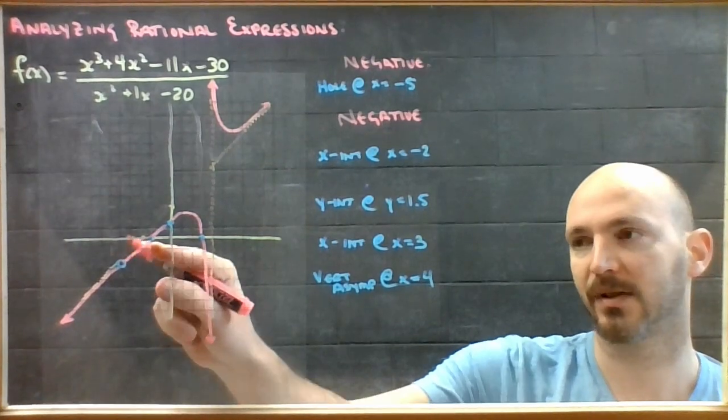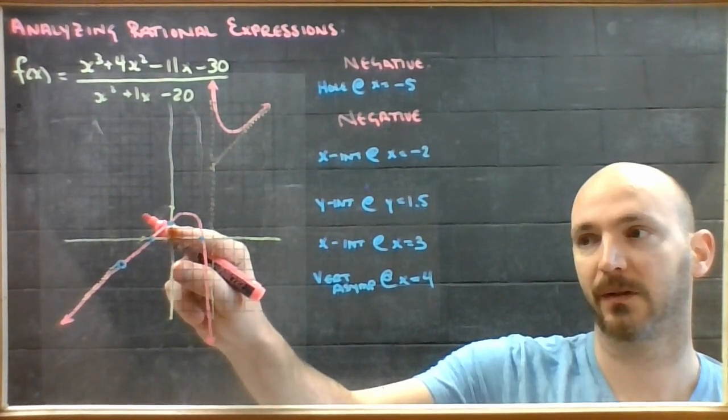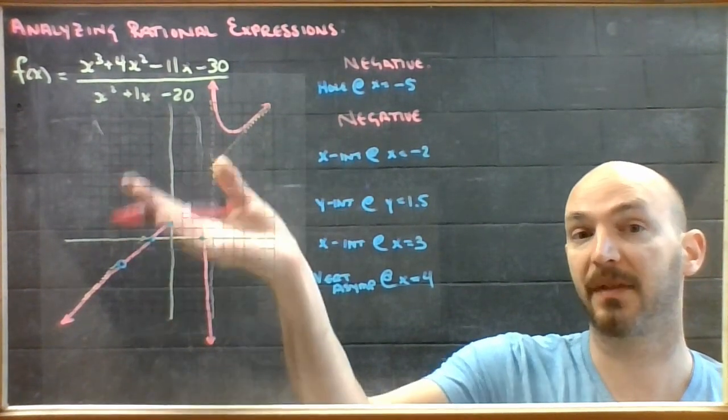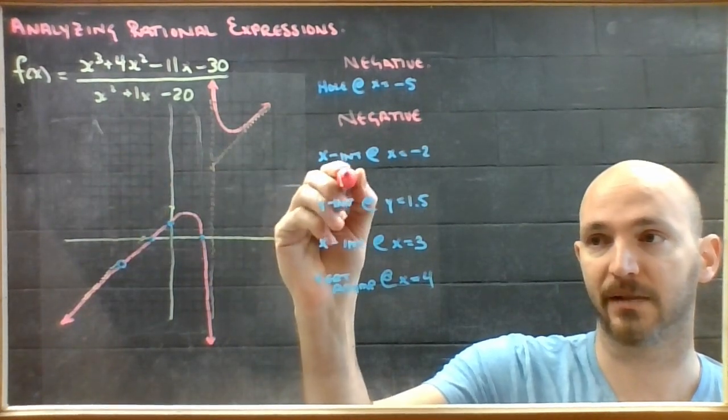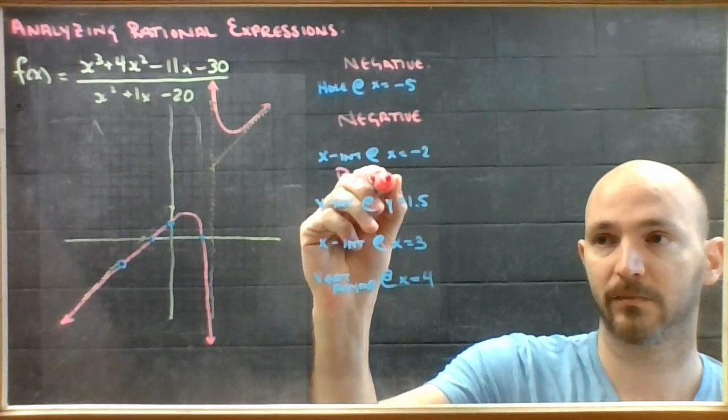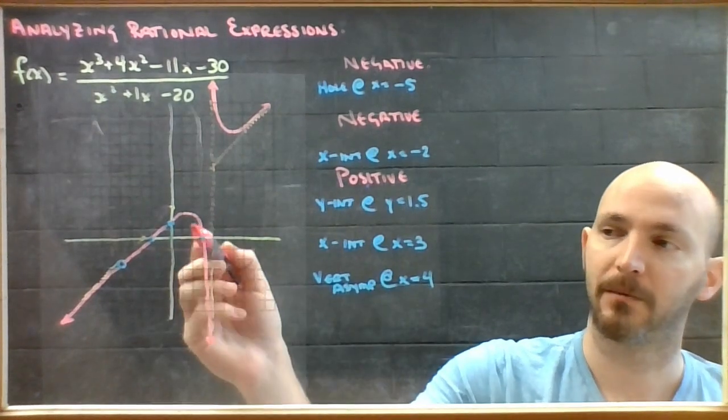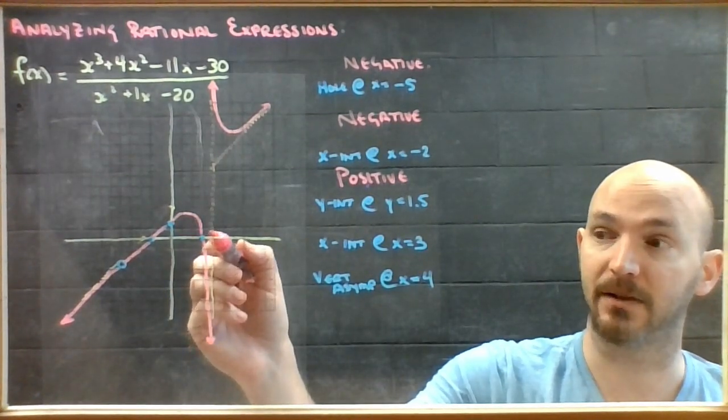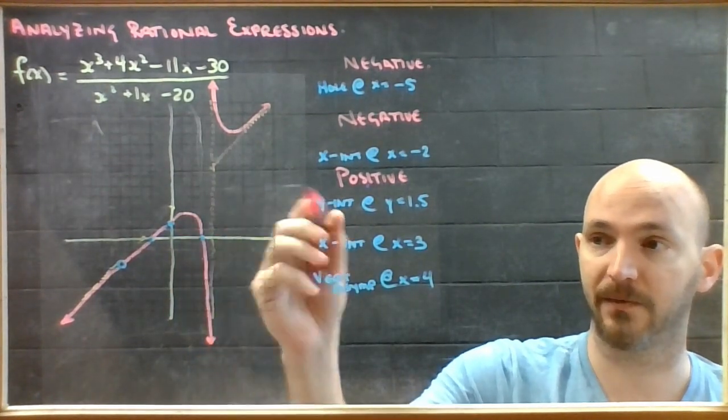Between this x-intercept and the y-intercept, it is above the x-axis, so it's positive there. Between the y-intercept and this x-intercept, it is also above, so it's positive.